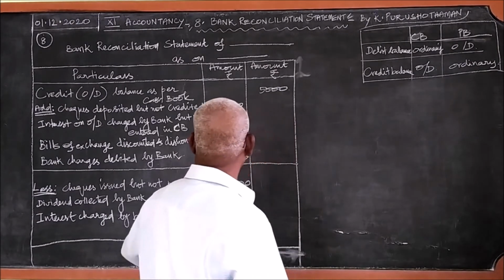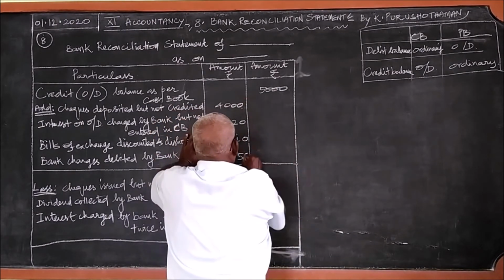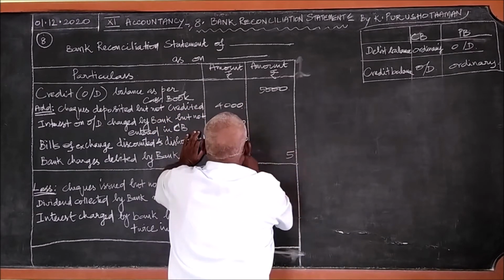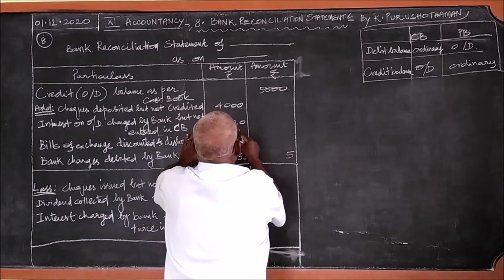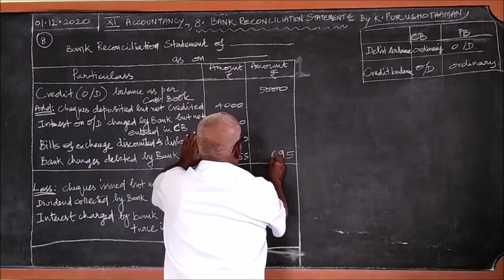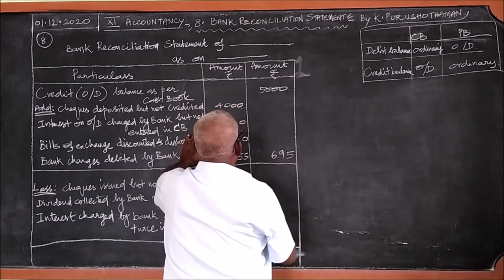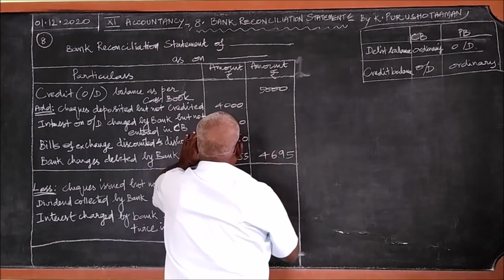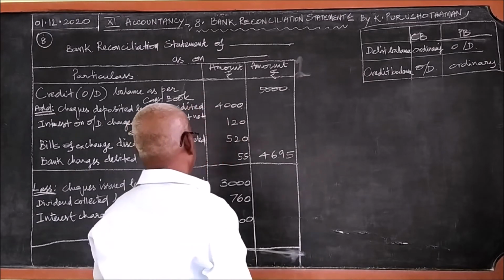the totals. 5 plus 2, 7, 7 plus 2, 9, 5 plus 1, 6, 4, 4, 6, 9, 5.